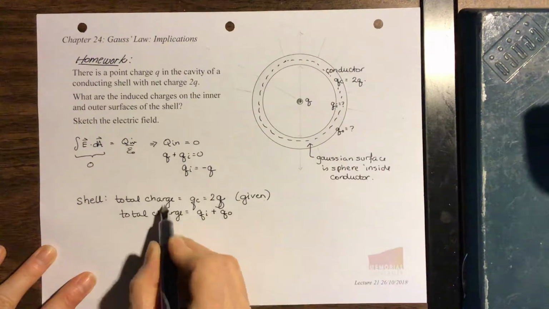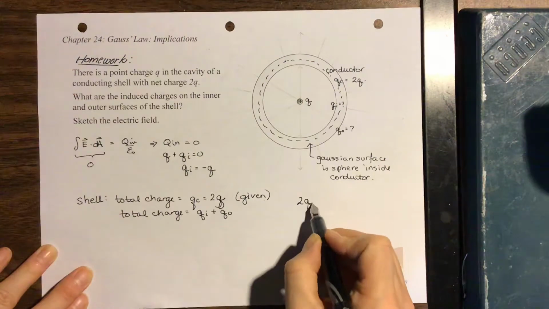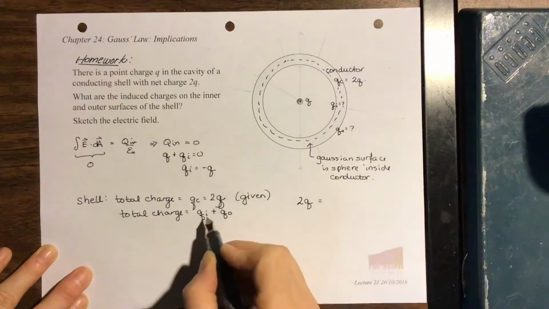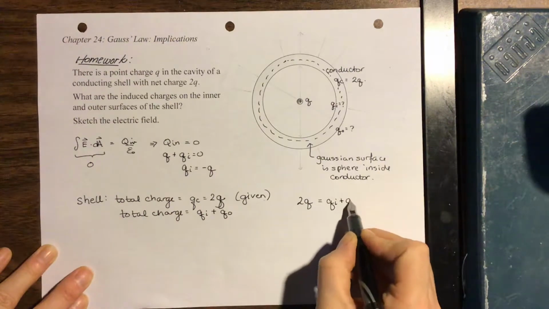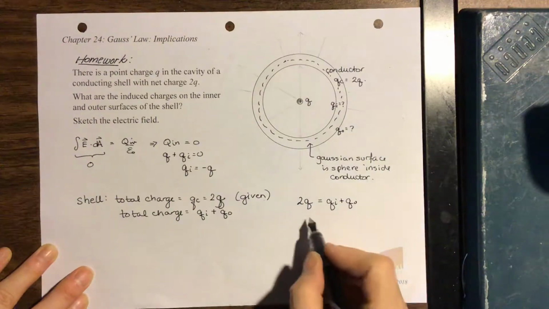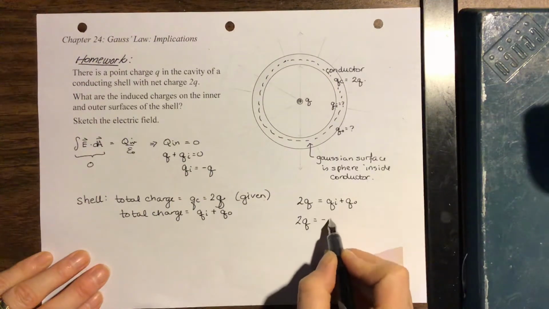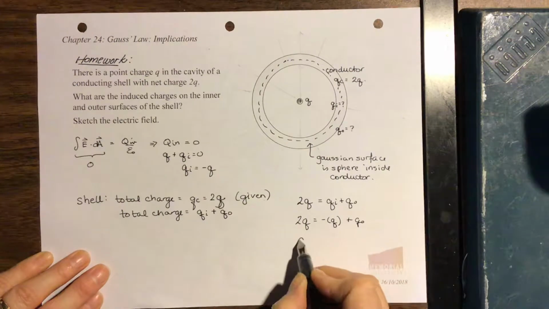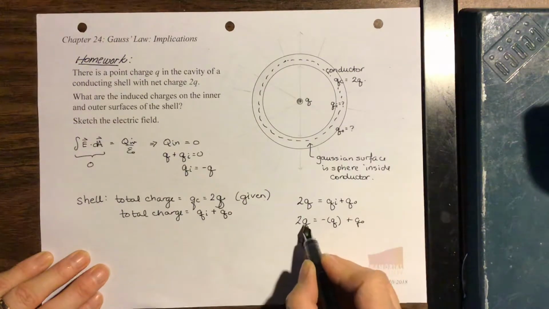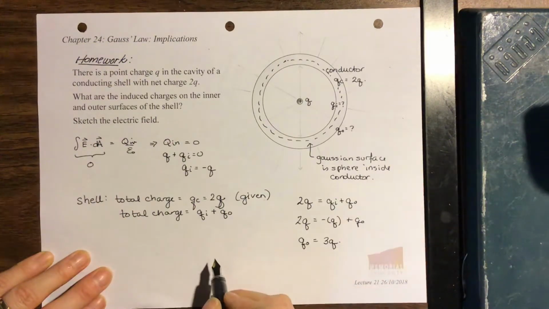These are both the total charge. So 2Q, the total charge which is given, equals the charge that's on the inner and on the outer. So the total charge is split up between the inner and outer surfaces. We know Qi, that was minus Q, we found that in the first part, plus Q on the outer surface. So now we'll solve for Q on the outer surface. 2Q minus minus Q gives us 3Q. So that's the amount of charge that's on the outer surface.